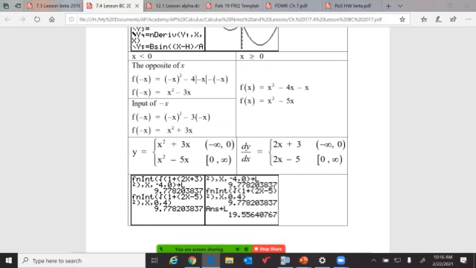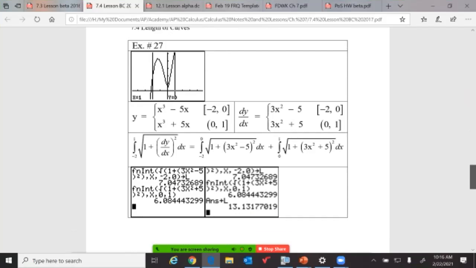Okay, so for this problem, you've got x cubed plus a negative 5x, and then at the y-axis, it becomes x cubed plus 5x. So here are the two derivatives. What are you doing? You're adding the first one from -2 to 0, and the second one from 0 to 1.